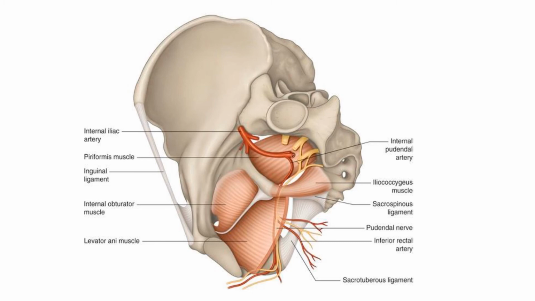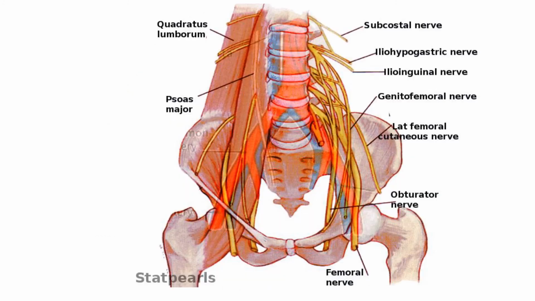You can see these nerves within the wall of the pelvis. Now at the gluteal region, 7 nerves you can see: superior gluteal nerve, inferior gluteal nerve, nerve to quadratus femoris, nerve to obturator internus, posterior femoral cutaneous nerve, perforating cutaneous nerve and sciatic nerve. These you can see within the gluteal region.